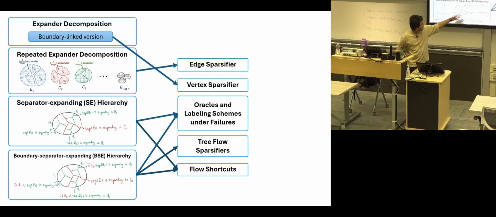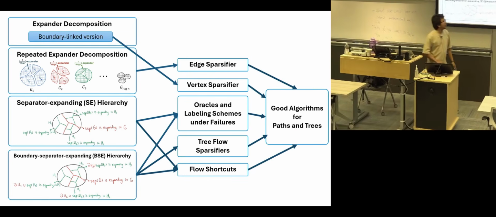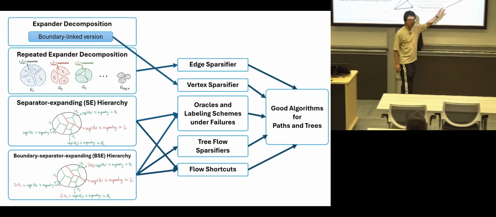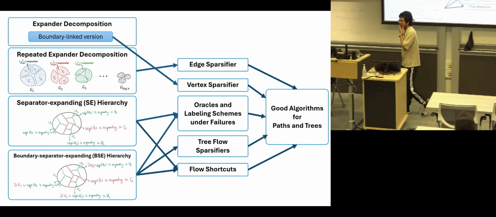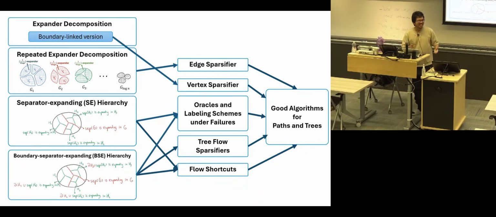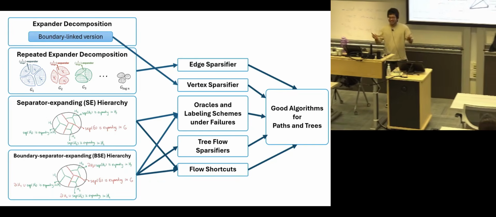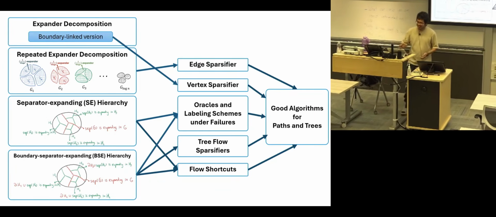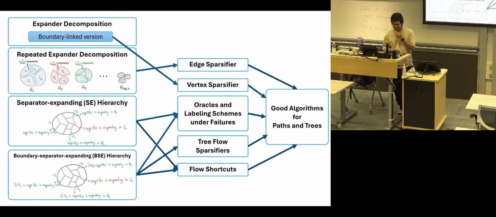And then this class of objects that is cool will lead you to good algorithms that I mentioned in the beginning: good algorithms for paths and trees. Okay, so this is a really quick glance of the whole course, and basically we will go through each of these boxes together. Okay. Right.